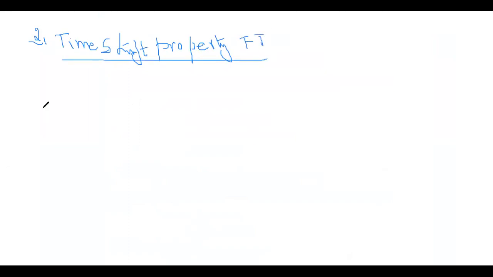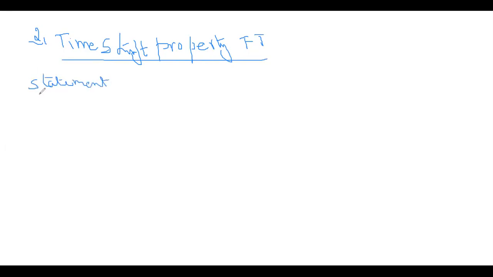We'll take the second property, the time shift property for the Fourier transform. What is the statement here?